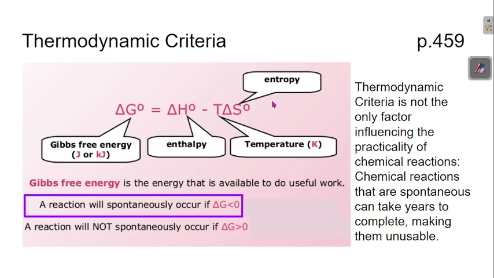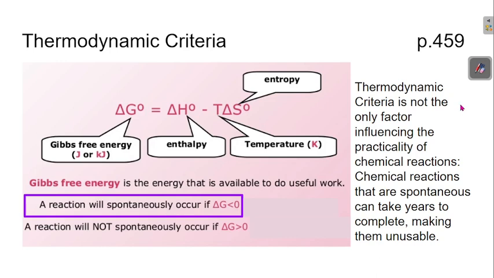Some reactions are spontaneous, so their thermodynamic criteria is good. They have a Gibbs free energy that's negative, but they take a long time to happen. It could take years for that reaction to happen. So chemically speaking, that reaction is not usable.